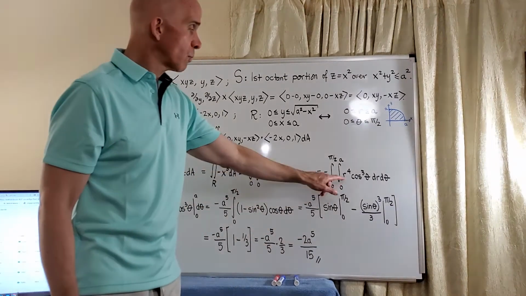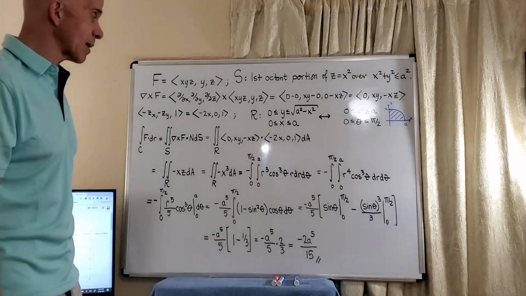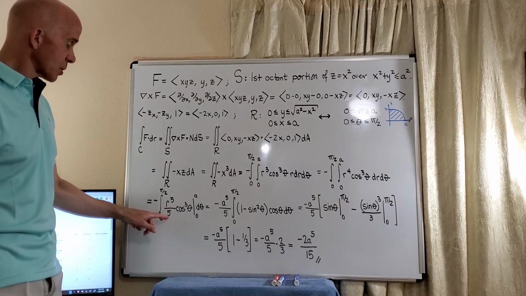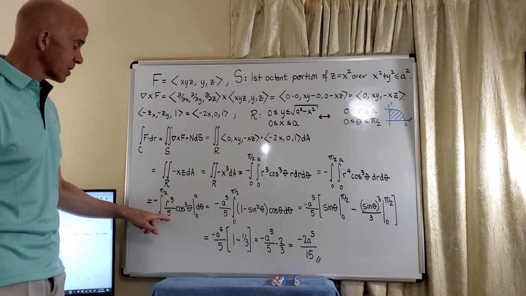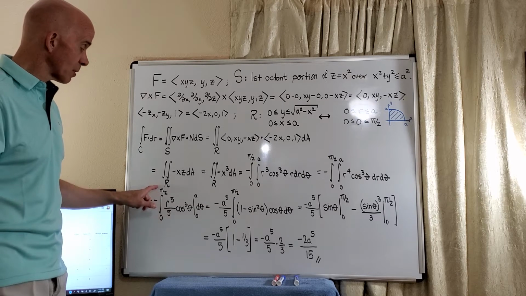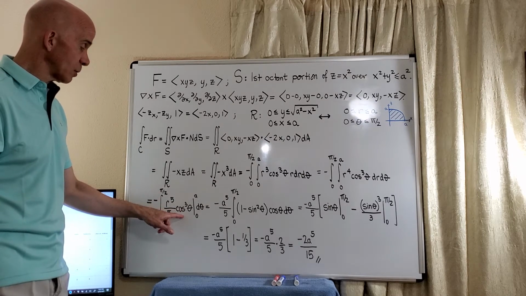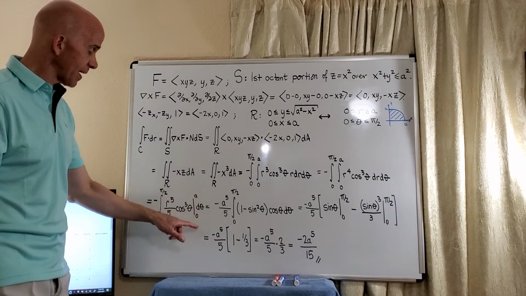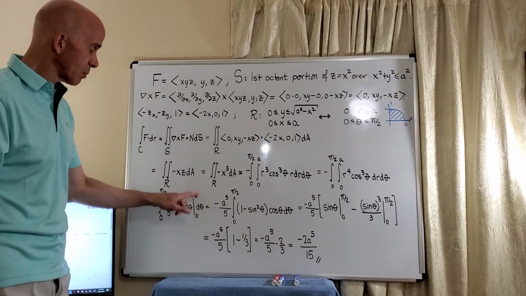With respect to r, we just add 1 to the power and divide by the new power. So we have r to the fifth divided by 5. We have the negative of the integral from 0 to pi over 2 of cosine cubed theta. And then we just evaluate the r from 0 to a.